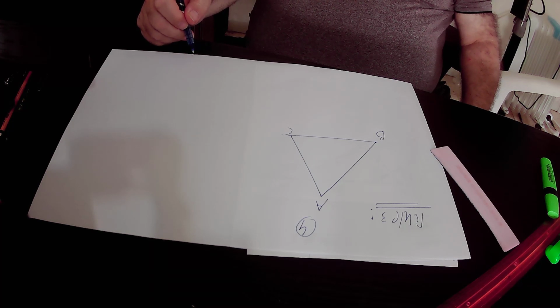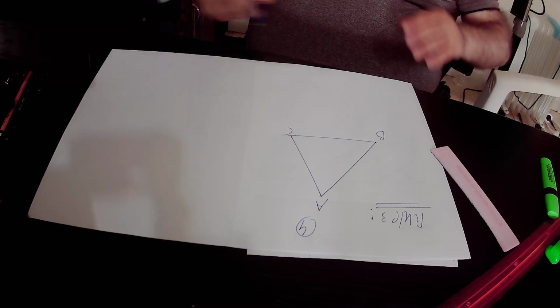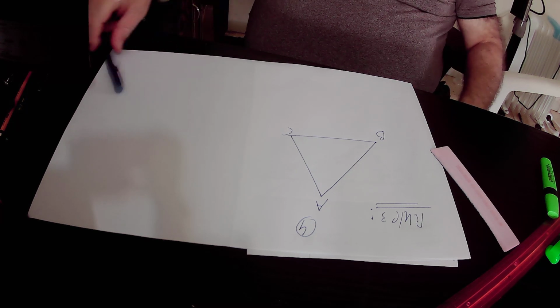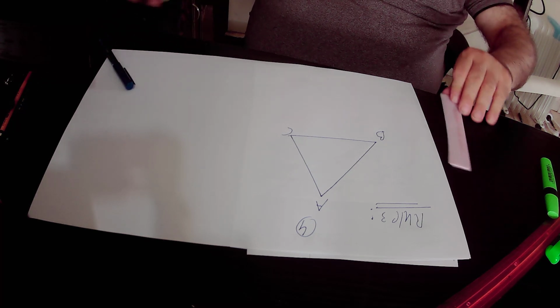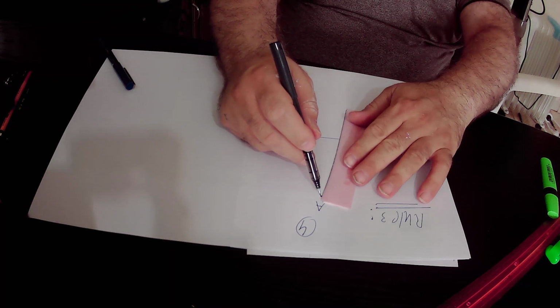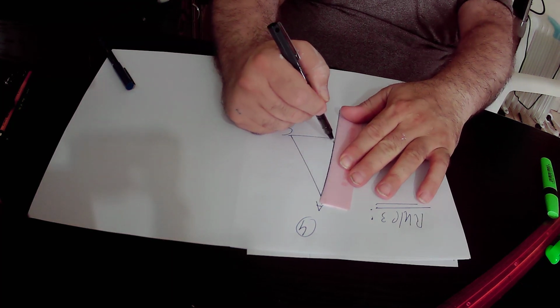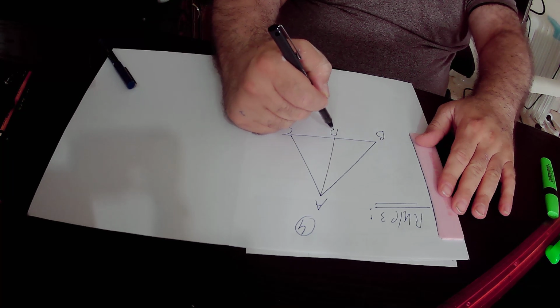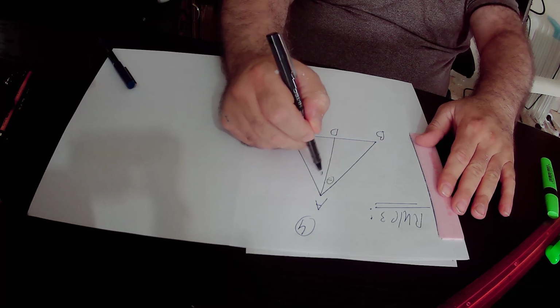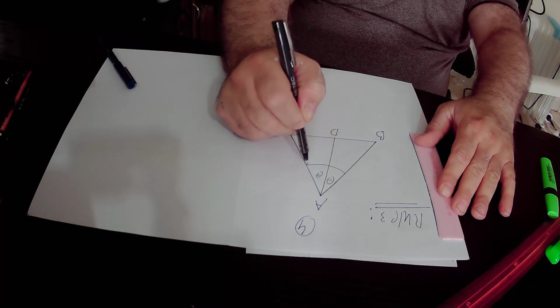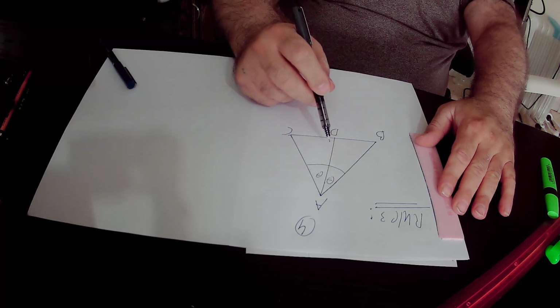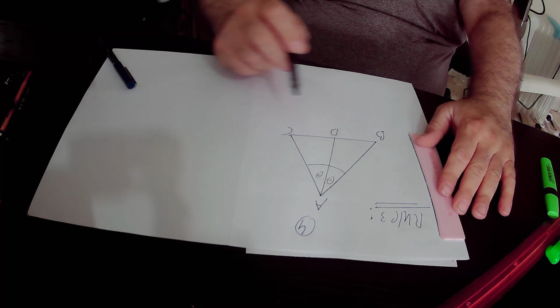Otherwise, we do not use any rule that is related to angle bisector. So if in triangle ABC we have the angle bisector AD, I repeat again that AD is angle bisector because it divides angle BAC into two halves. Each half equals theta.